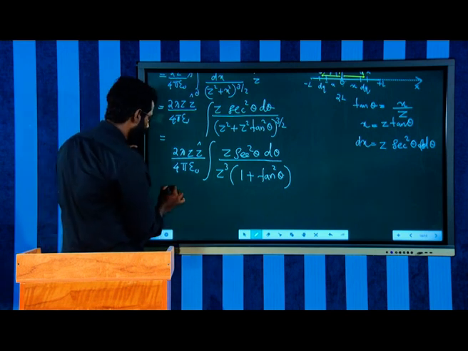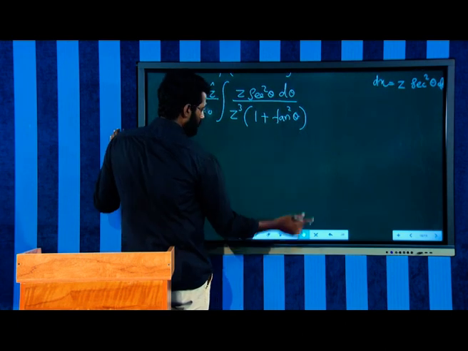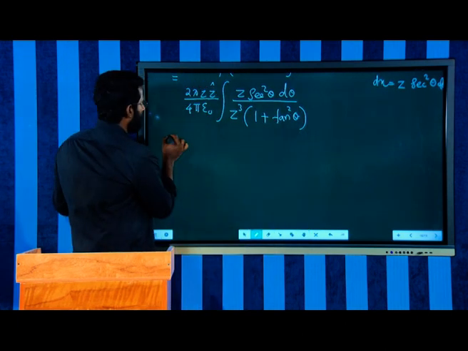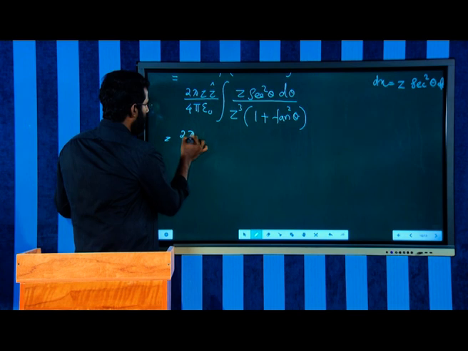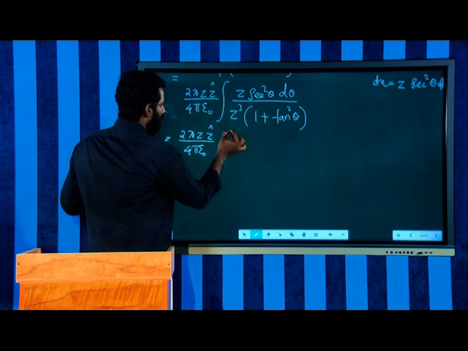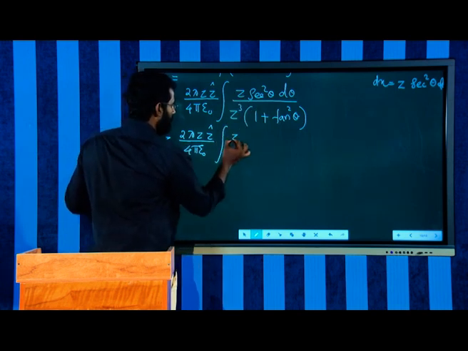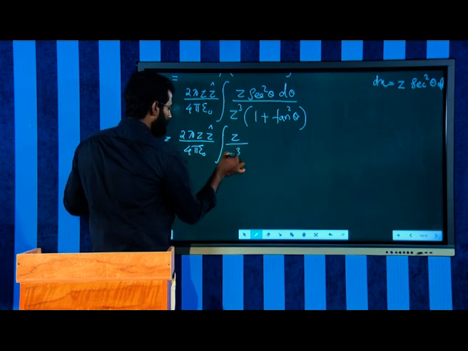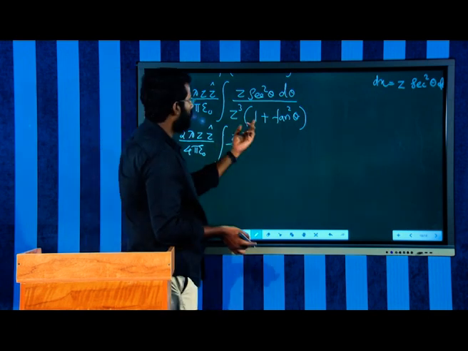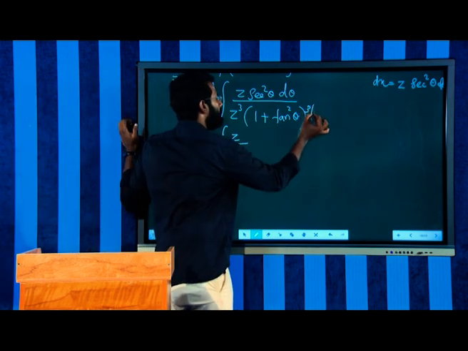So this is equal to 2 lambda z cap divided by 4 pi epsilon 0 integral. Here we have an integral z and z cube, we can cancel this z cube later. Now, 1 plus tan square theta is again sec square theta, here we have the whole raised to 3 by 2.